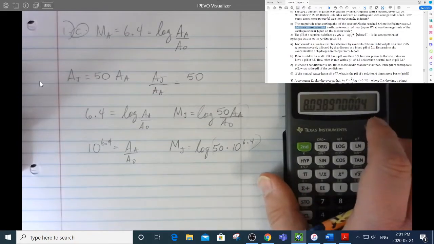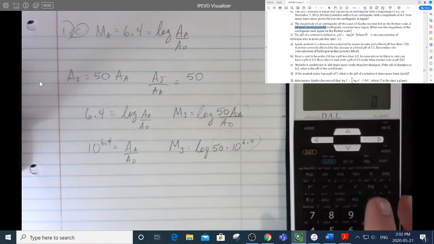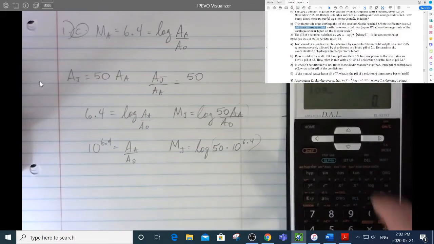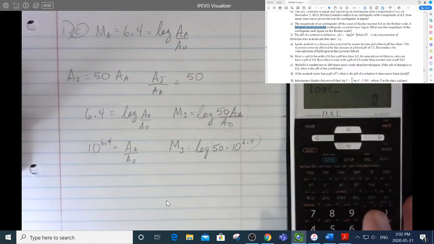If you have this kind of calculator, if you've got something more like this one, you can actually do that all in one calculation. You can just go log and then open a bracket. And again, maybe I should double check that you can see what I'm doing. Maybe if I move down just a tad. There we go.